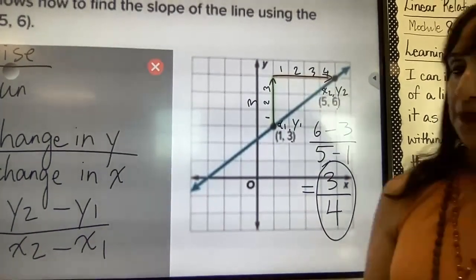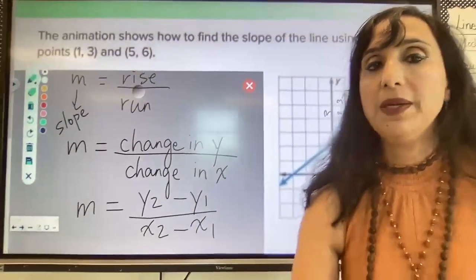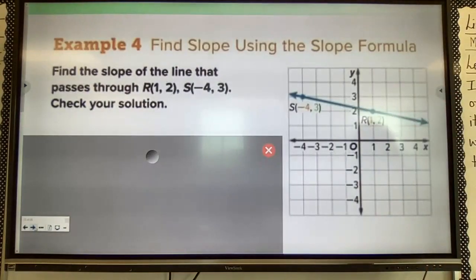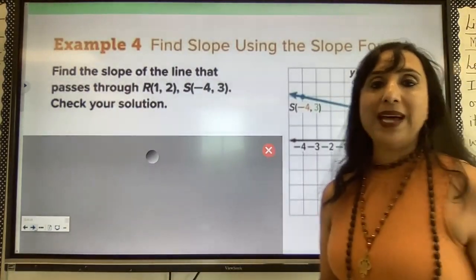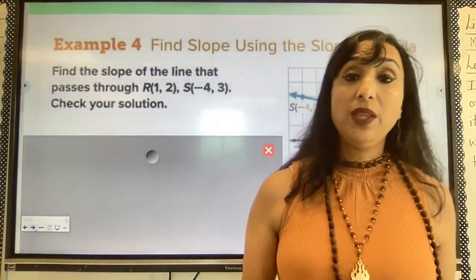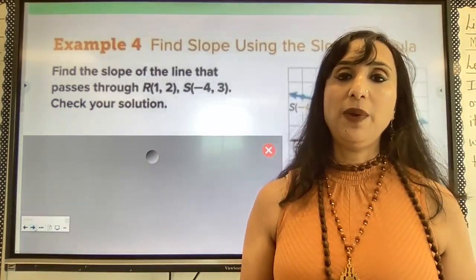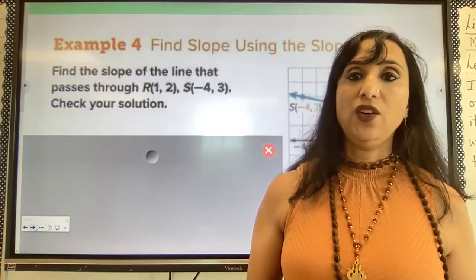All right, now let's do another problem. Find the slope of the line that passes through R, whose ordered pair is (1, 2), and S, where the ordered pair is (-4, 3). And then we check the solution.